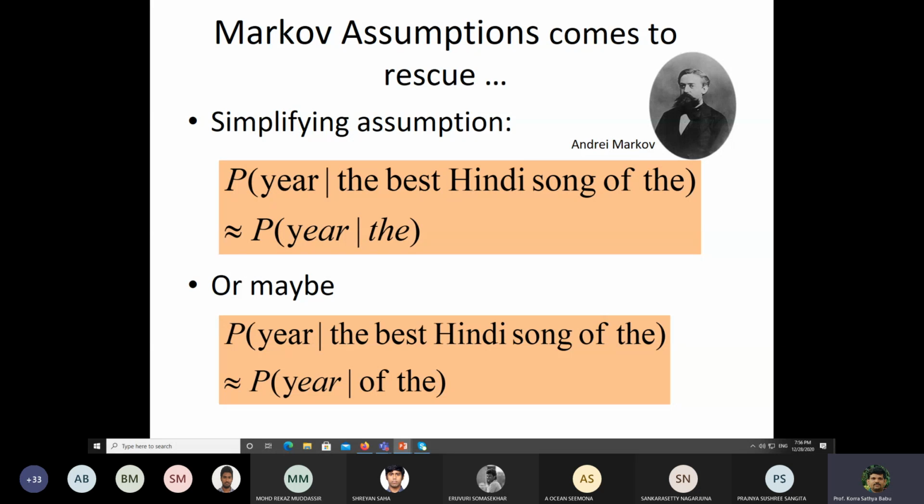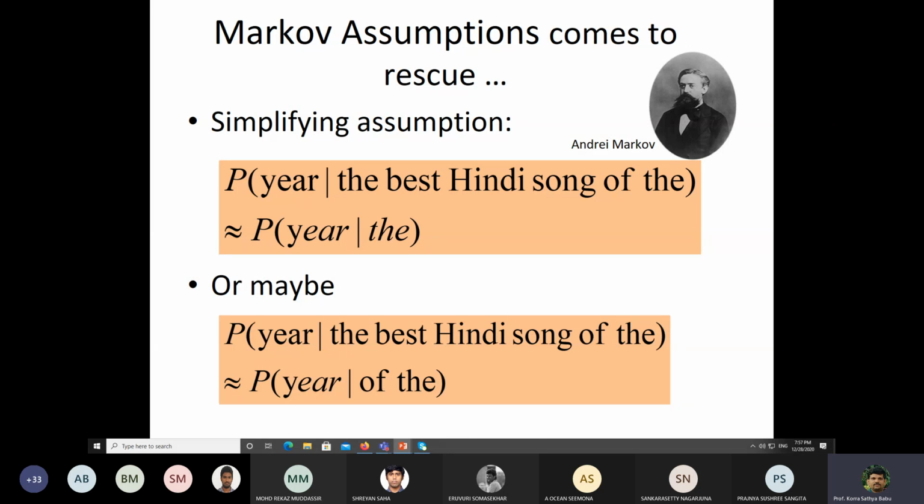If you take the bigram, instead of using the complete set, why should I make a big computation here? The probability of "the best Hindi song of the year" given "the best Hindi song of the".